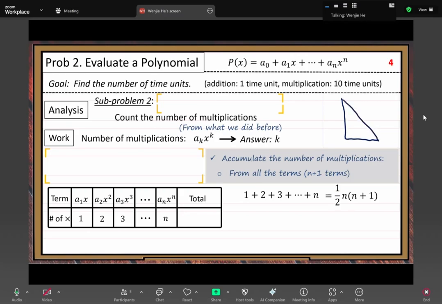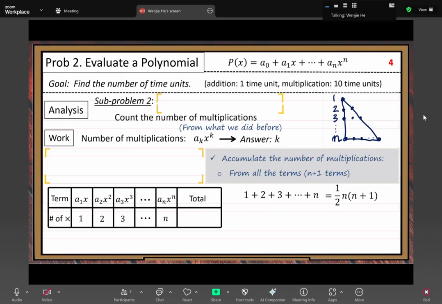On the top, I put one dot. Then the next row, 2 dots. Then the next row, 3 dots, and so on. Then the bottom row, n dots.